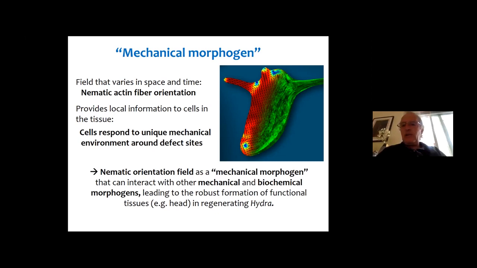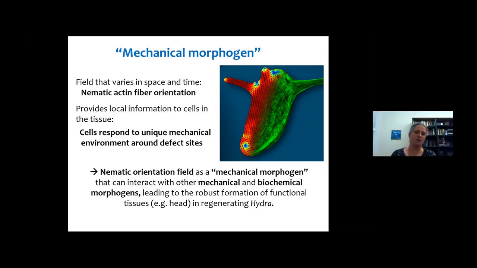So you didn't, for example, observe these +1 defect ruptures as sources of WNT? We don't have the ability to look at WNT live. The only markers we have for WNT are GFP with a WNT promoter, and that gives a signal way after you see the hypostome form and all the morphological features.